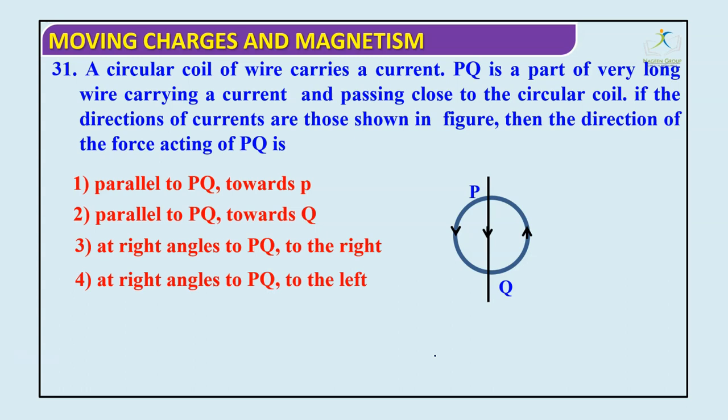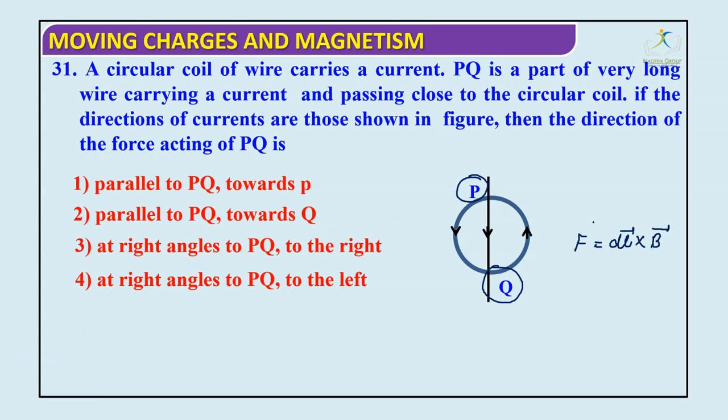For the solution, we know there is a circular coil, which is a dipole placed in a non-uniform field due to P and Q. So the magnetic field of the circular coil will be out of the plane and non-uniform. Therefore, the force which acts between these two is F equals I dl vector cross vector B.